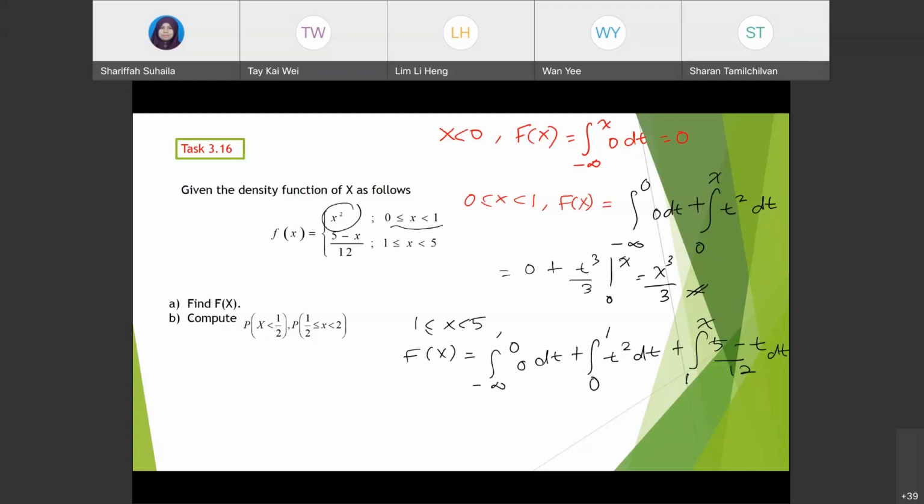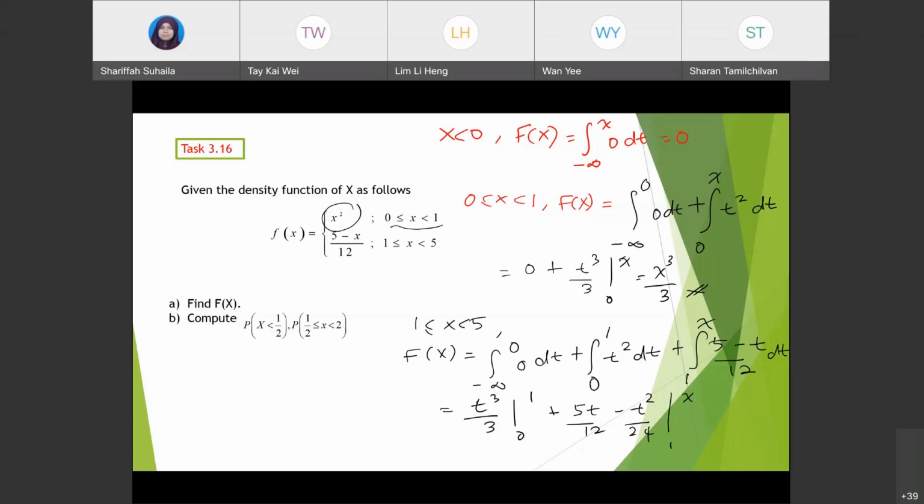So this one you have t cubed over 3, from 0 to 1, plus, cuba selesaikan.